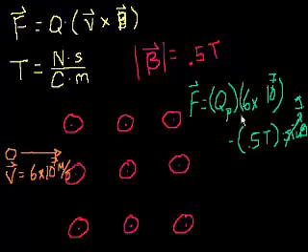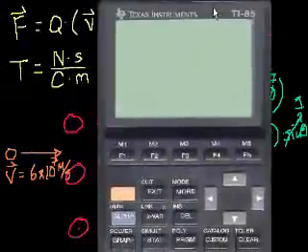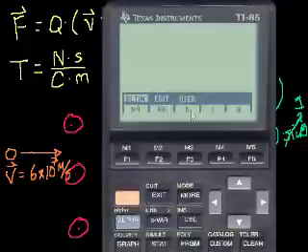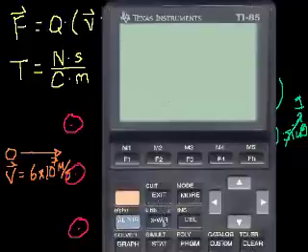So the magnitude of the force is actually pretty easy to calculate if we know the charge on a proton. And let's see if we can figure out the charge on a proton. Let me get the trusty TI-85 out. Let me clear this just so you can appreciate that TI-85 store.